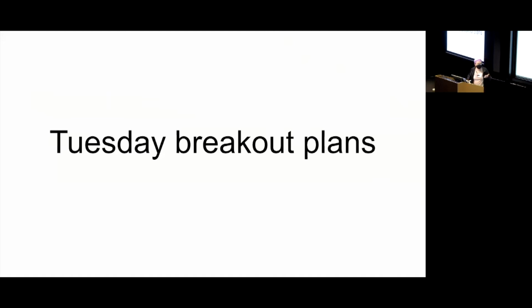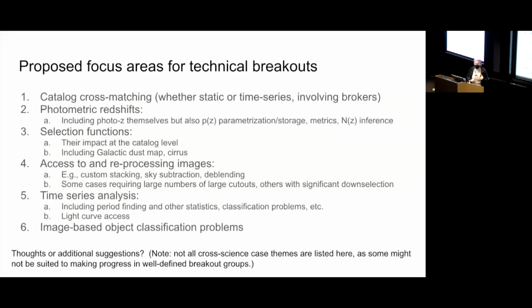We hadn't previously specified areas for the technical breakouts, and so the organizers wanted to propose areas now. Just to get you oriented, there's catalog cross-matching, which came up an awful lot.